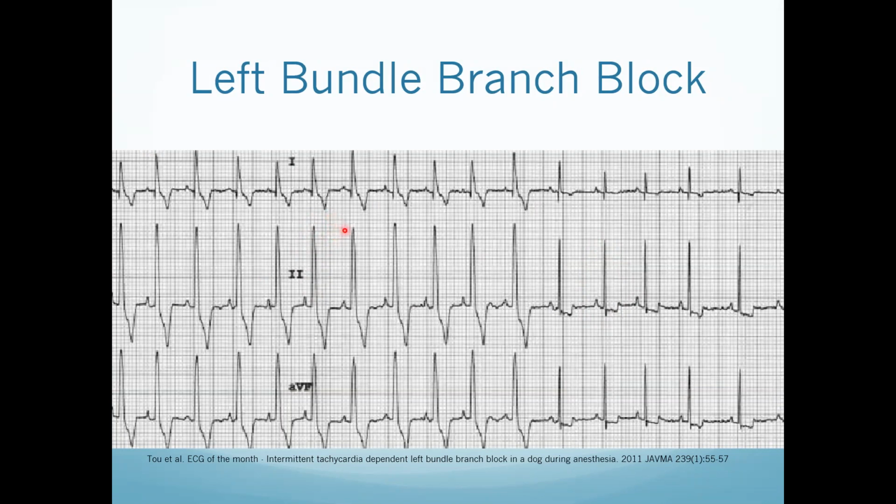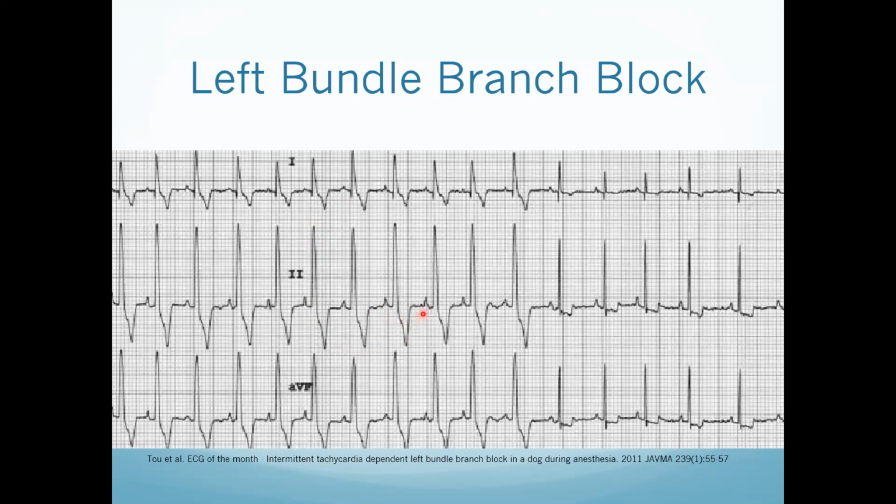So that means that the left bundle branch must be blocked. So the signal is starting in the right ventricle and then moving right to left, so that the vector is headed towards the positive pole of lead 2. So that's why it gives you a tall and slightly wider QRS complex.